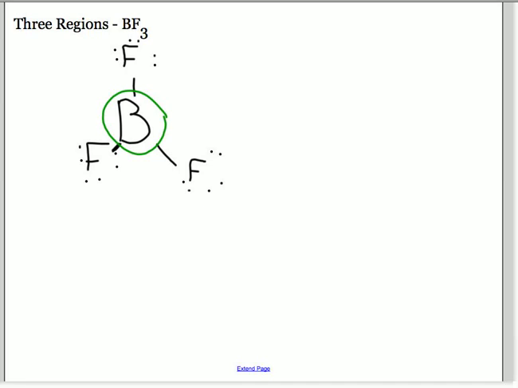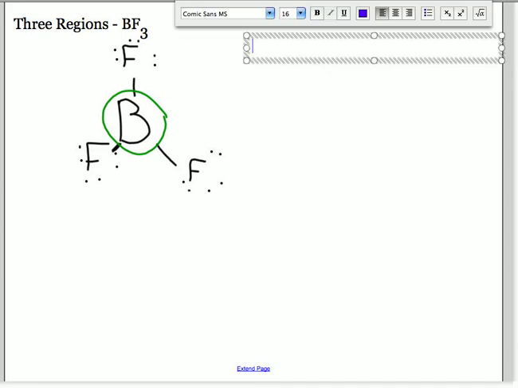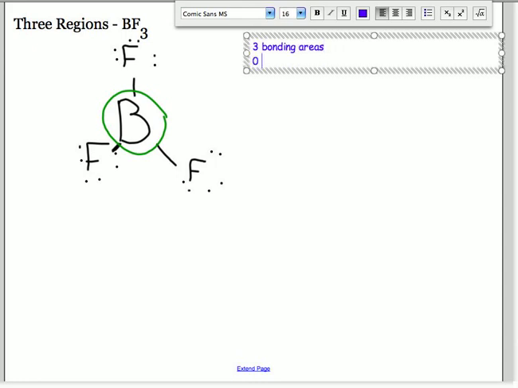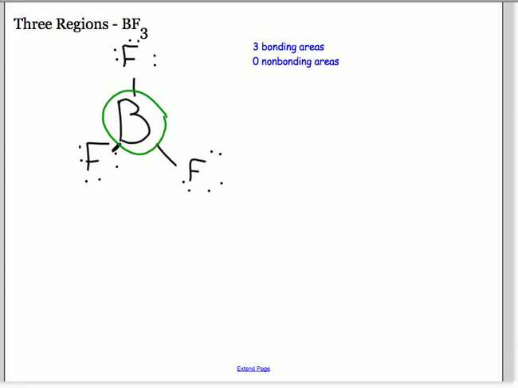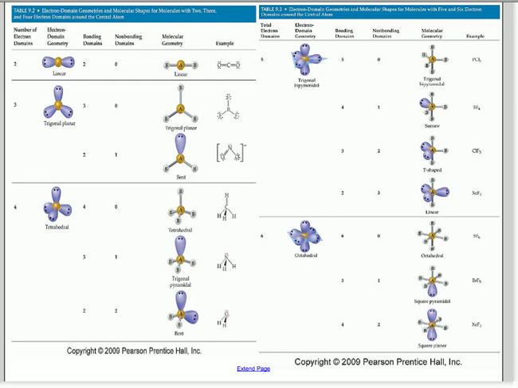And again, we're looking at boron once we have our finished structure. Based on boron, we have 3 bonding areas and 0 non-bonding areas. So you go to your chart, and this column tells you the number of electron domains, so just how many total things we're looking at. And we're looking at 3.